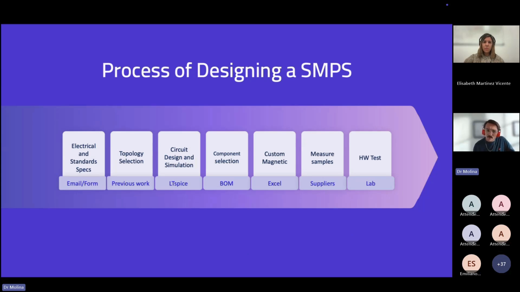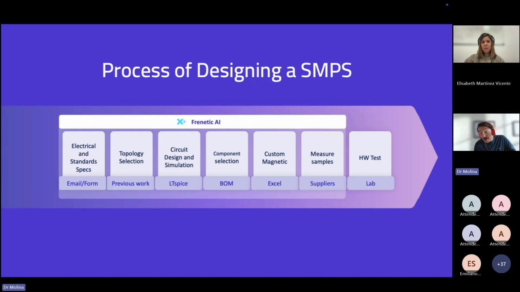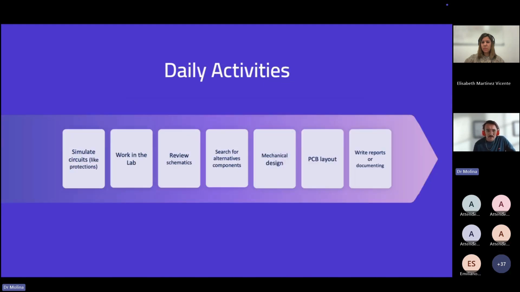We cannot go to the lab with you, but we can try to help you arrive at the lab in the best conditions. Some of the daily activities our technology will support are circuit simulation, research for new components, mechanical design, and PCB layout. There are a lot of these tasks that we are already working on for you to be available.